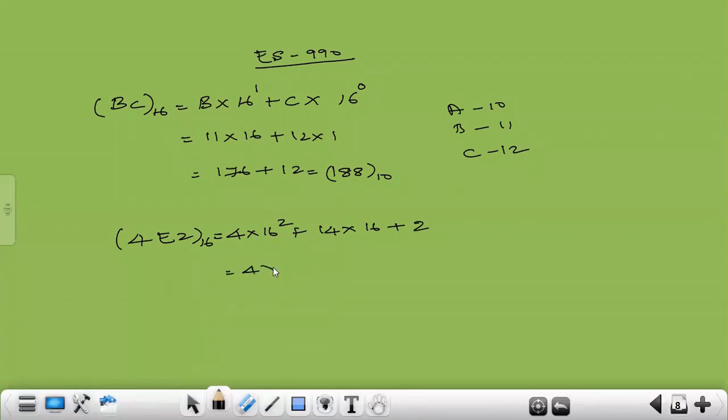So 4 into 256 is 1024, plus 14 into 16 which is 224, plus 2. So this will be 1250. This is the final answer.